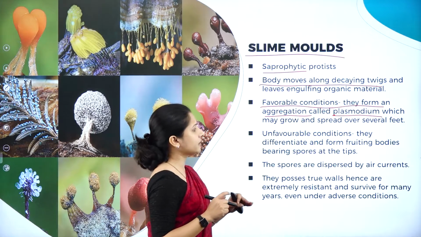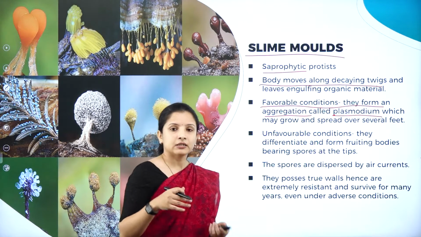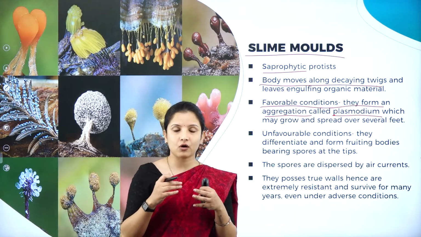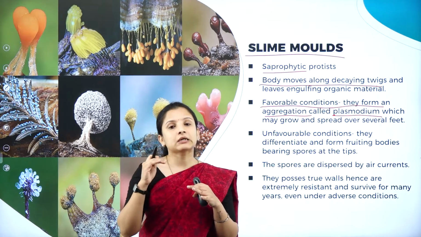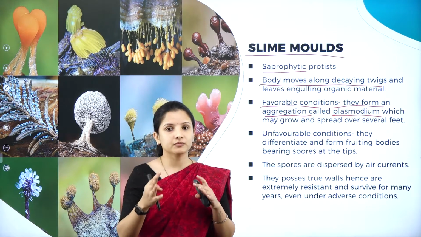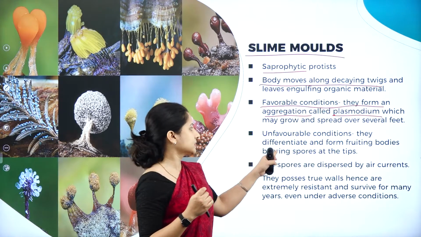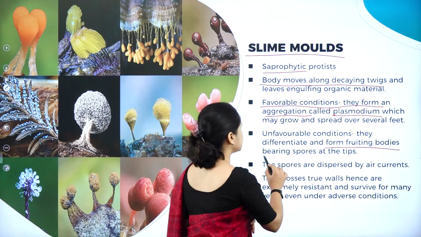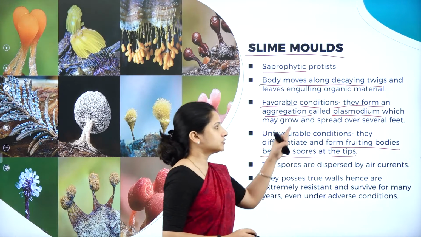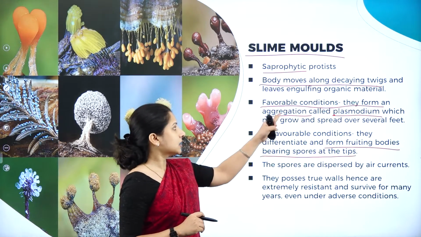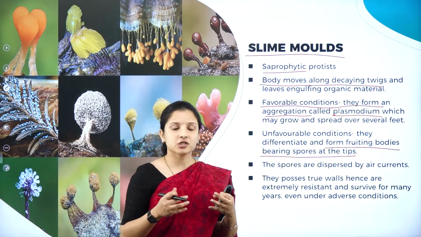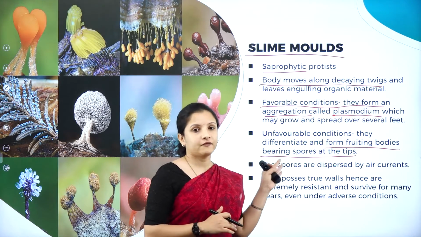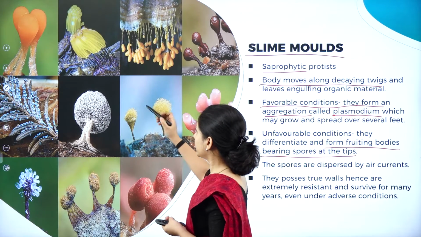During unfavorable conditions, they differentiate. Differentiating means the body of the organism gets converted into a different form. They develop a new form, forming fruiting bodies bearing spores at the tip. So during favorable conditions they form groups and spread, but during unfavorable conditions they develop spores.